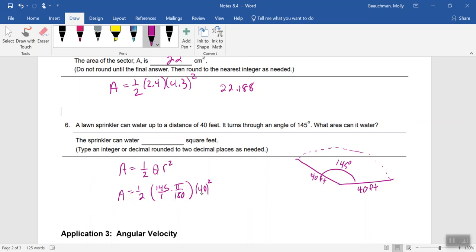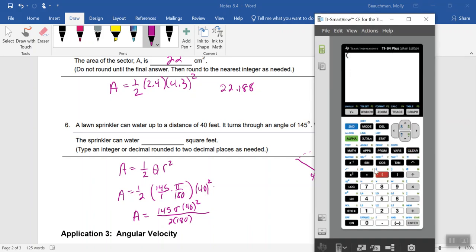If I multiply straight across, because I don't want to mess anything up, I get area equals 145 times pi times 40 squared in the numerator, just multiplying straight across, and in the denominator I want 2 times 180. And I'm just going to put all of that in the calculator at the same time.